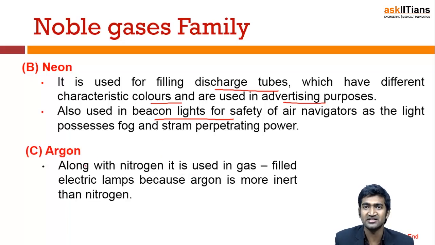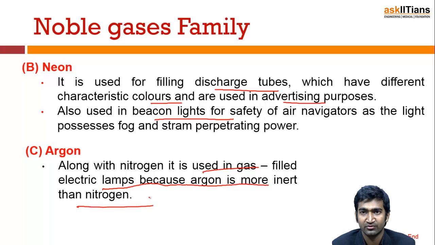And the last application is of argon. Along with nitrogen, it is used in gas-filled electric lamps, because argon is more inert than nitrogen. In lamps, nitrogen is filled and argon is also filled. Okay, so that's all regarding the noble gases family and its applications, guys.